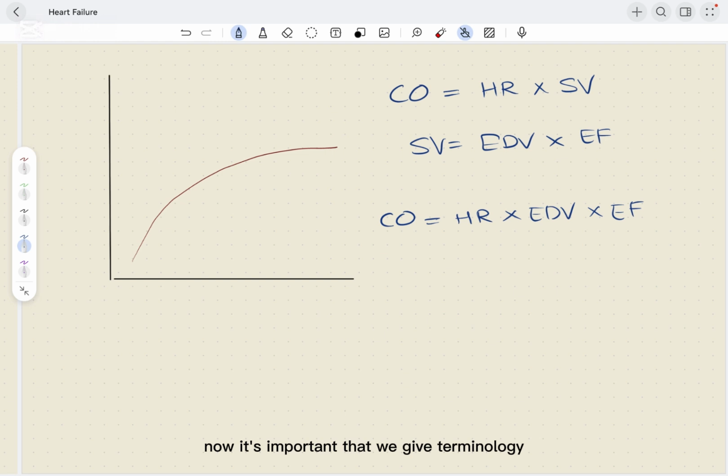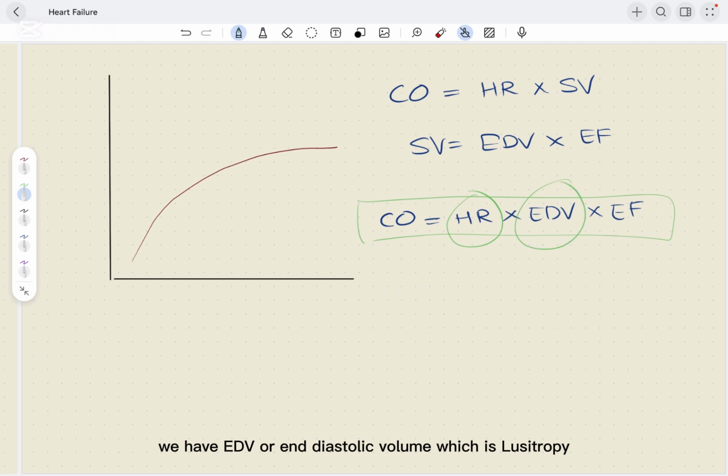Now, it's important that we give terminologies to this equation because we have medications that work on each of these. So, we have heart rate, which is basically chronotropy. We have EDV, or end diastolic volume, which is lusotropy. And then we have ejection fraction, which is inotropy.